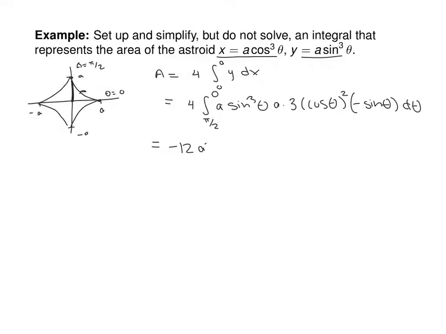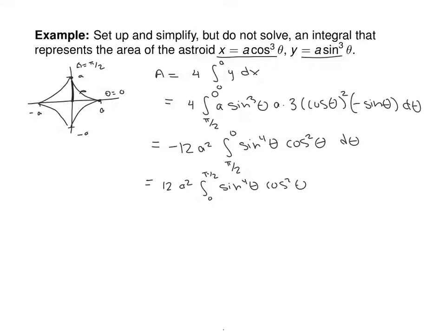We've got an a squared, and then we have the integral from pi halves to 0 of sine to the 4th theta, cosine squared theta, d theta. And the last thing you could do to simplify is just flip those bounds and change the sign of the integral: 12a squared, integral from 0 to pi halves, sine 4th theta, cosine squared theta.